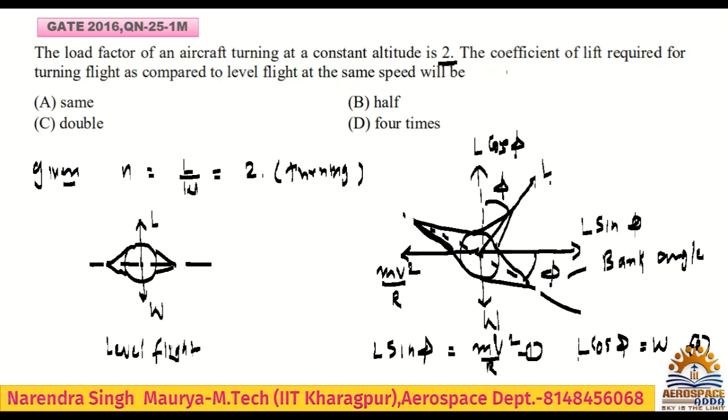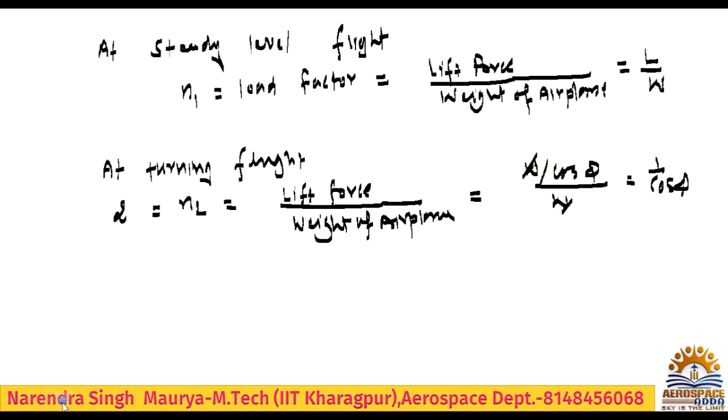Basically they are asking the coefficient of lift. During turning they have given the load factor, N2 is 2, and N1 is L by W. So what is the lift coefficient?